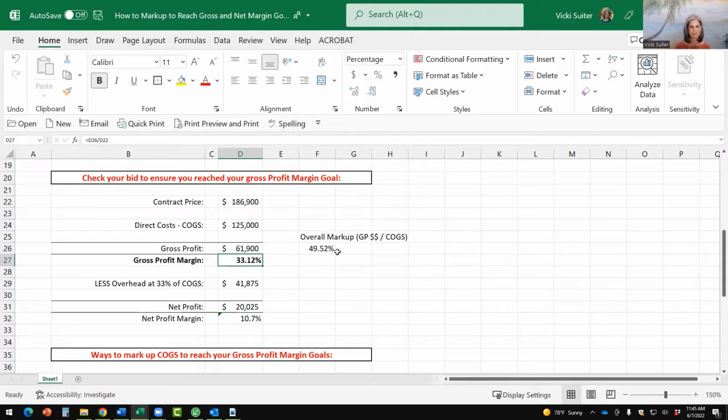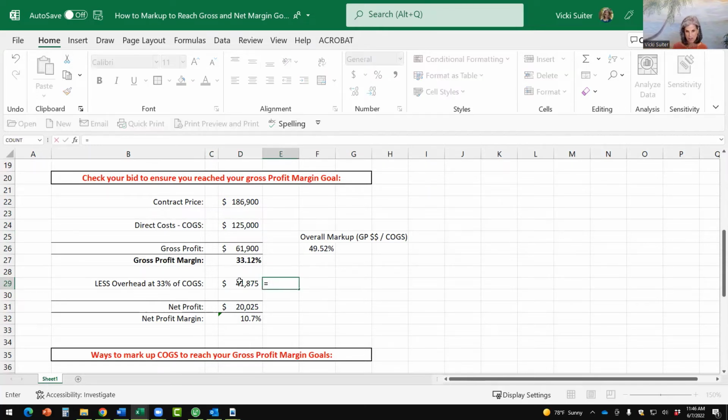So if I know that, and I did a little bit of math here. I said, well, if I calculate this so that I can see what my bottom line is going to be for my company, if I assume 33% is the cost of overhead, then I take 33% of my cost of goods sold. Let me just show you this math.